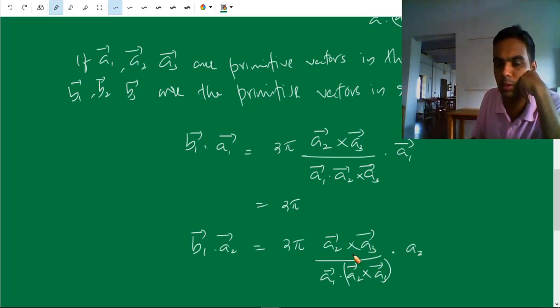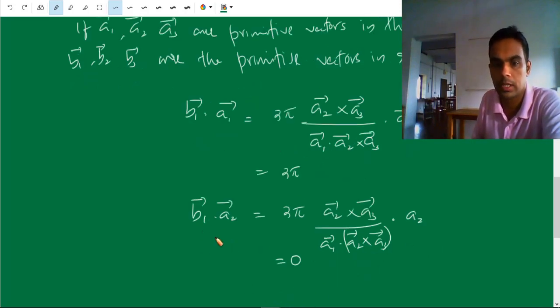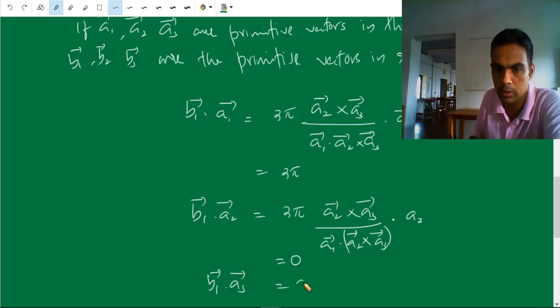The box product of A2, A2, A3 is equal to 0. Therefore, this is equal to 0. Similarly B1 dot A3 is also equal to 0. Similarly B2 dot A2 is equal to 2 pi.